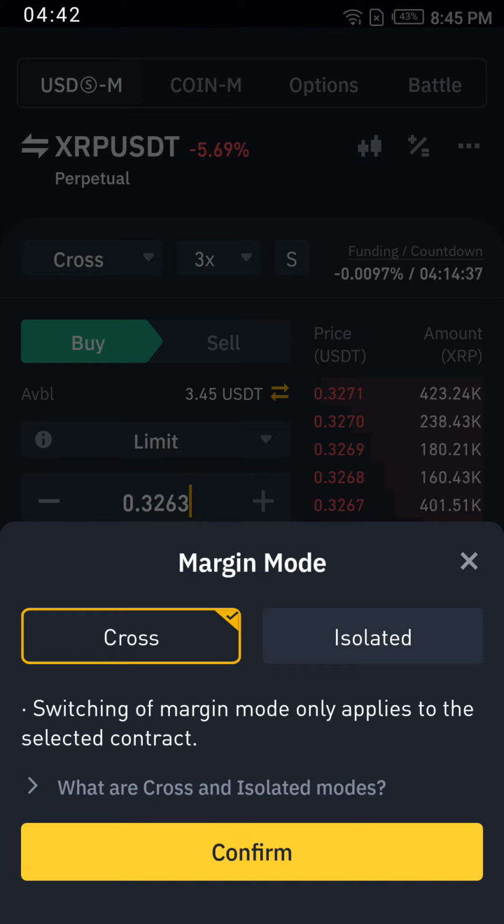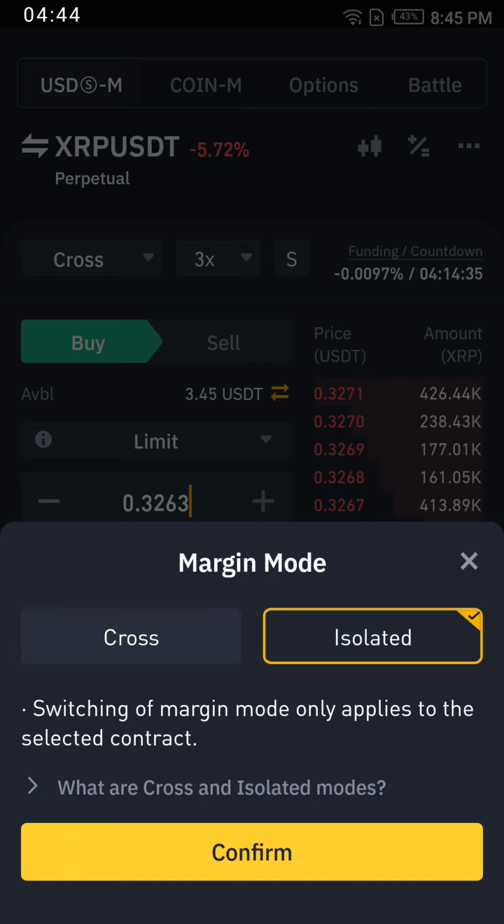Instead, it will start taking from my remaining balance. But if I choose isolated, and I am entering a trade with $1, if it reaches that point and is about to liquidate, they will take me out of the market and liquidate my trade. I will lose the trade.